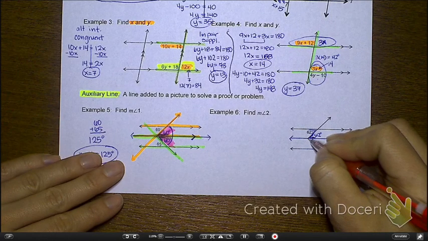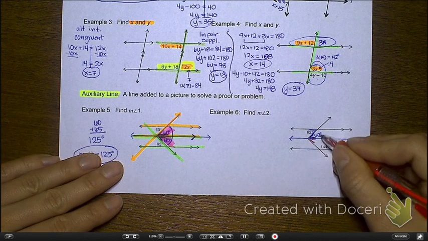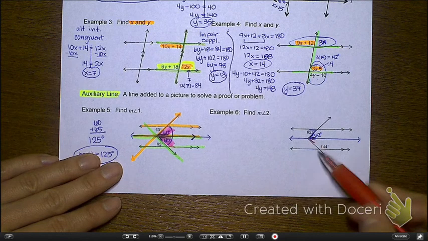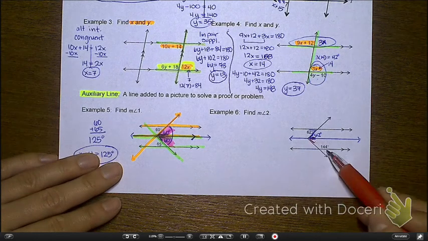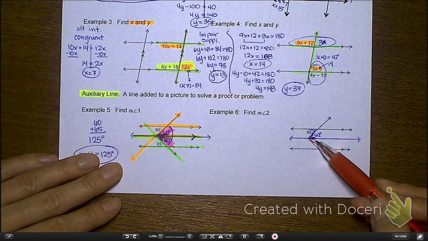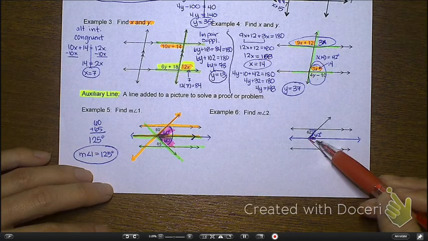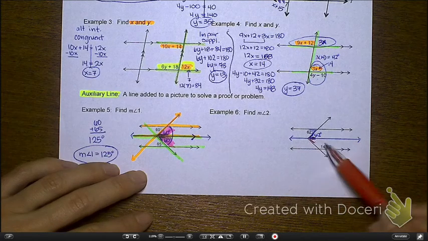Okay. Now, the other part that I would like to find is this part right here, so then I could put these two together to make angle 2, right? So how much is this one right here? Is this one 144? No. Is it congruent to this one? No. Okay, are these two angles congruent angles? No, they're not. Okay, what kind of angles, though, are these two angles right here when they're between these parallel lines?